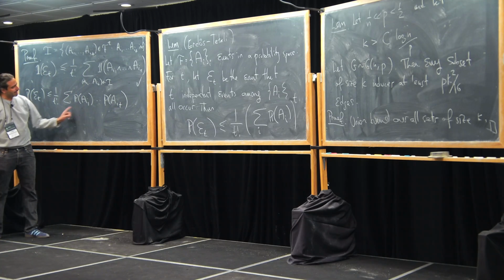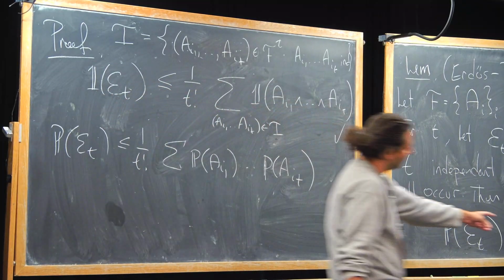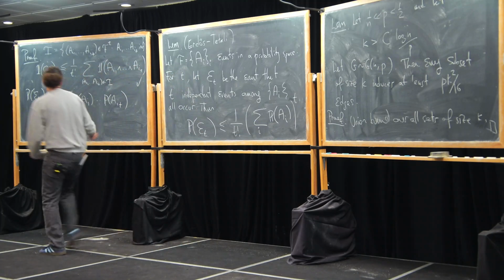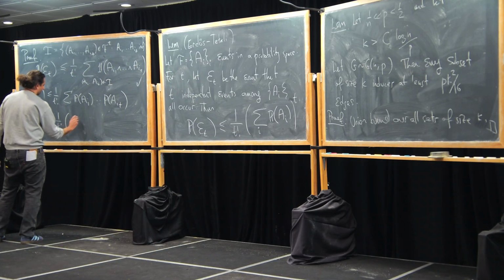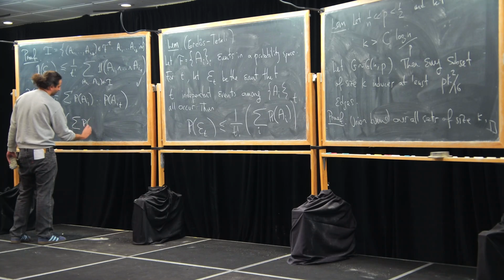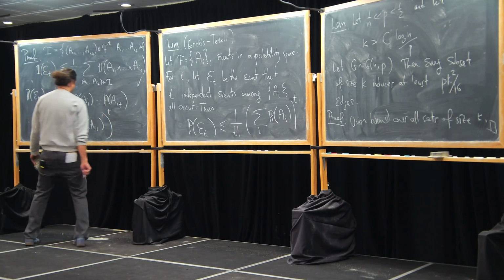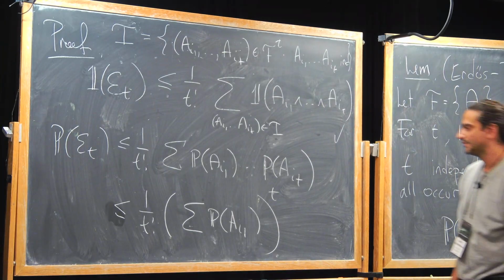And now let me just keep adding events until I get all pairs. So this, I claim, is just at most, or adding terms, I should say. And that's the proof.